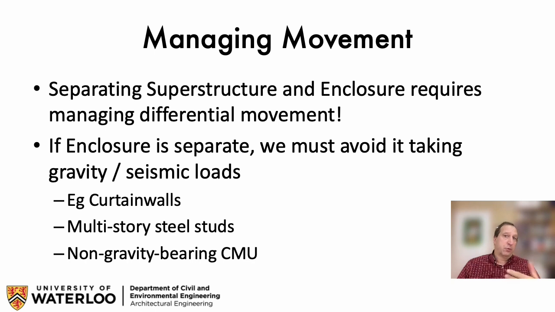But we can also use this fact to identify in a drawing whether this is the support or the superstructure. If there's a movement joint between, then you know the superstructure and support structure are being handled differently. This is normal practice, and it would be a pretty big mistake not to include movement joints between support structures such as curtain walls or steel studs or non-gravity bearing CMUs or precast concrete, etc.